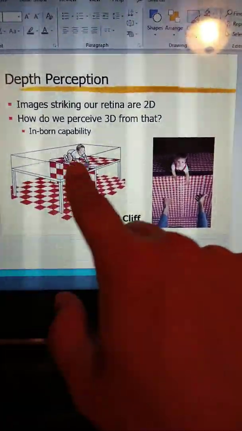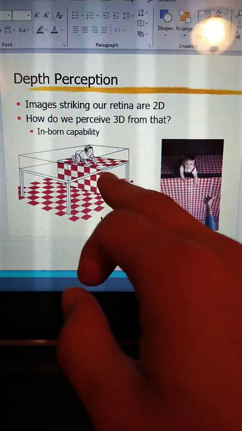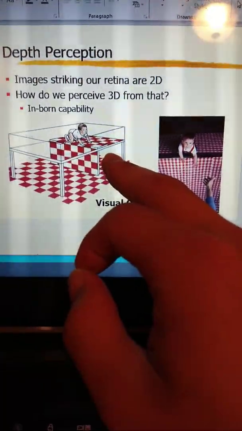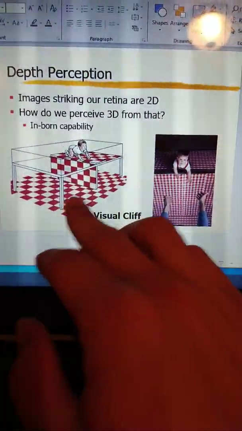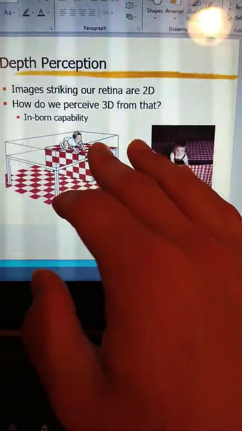Well, if the infant does not have any depth perception, they will not notice that there is any change. To them, this pattern would still appear as if it was up here.